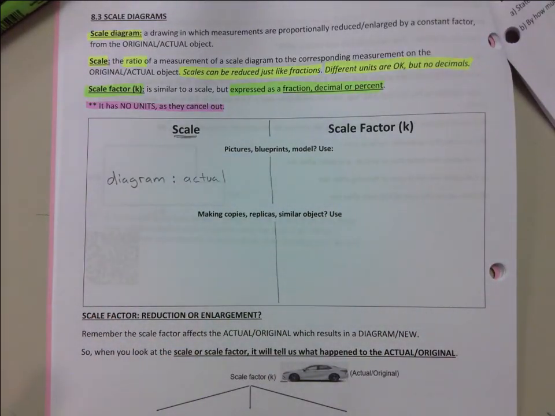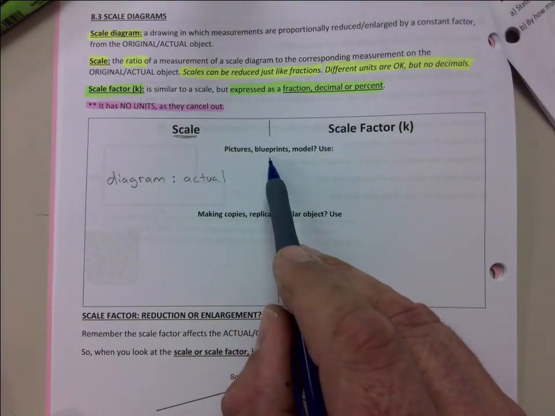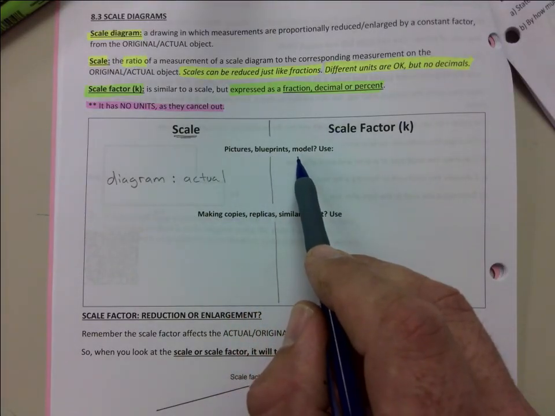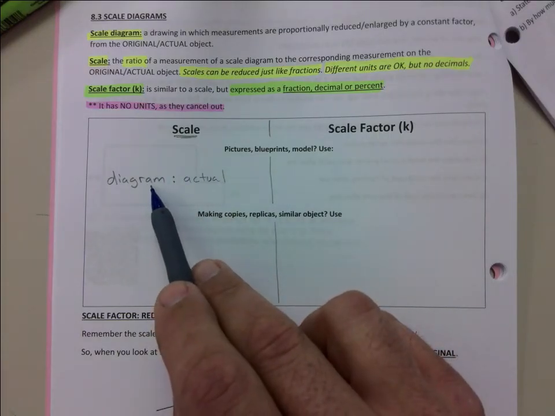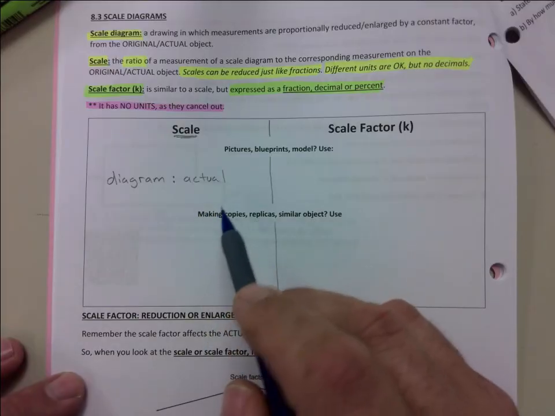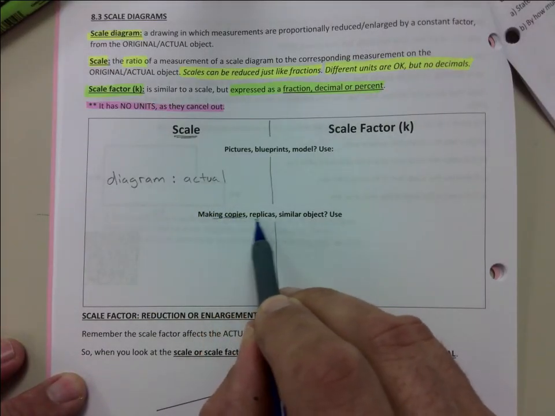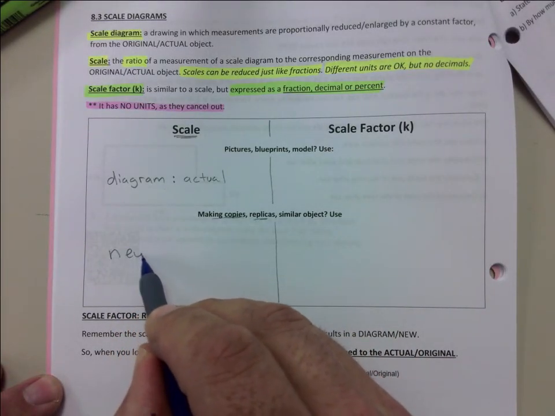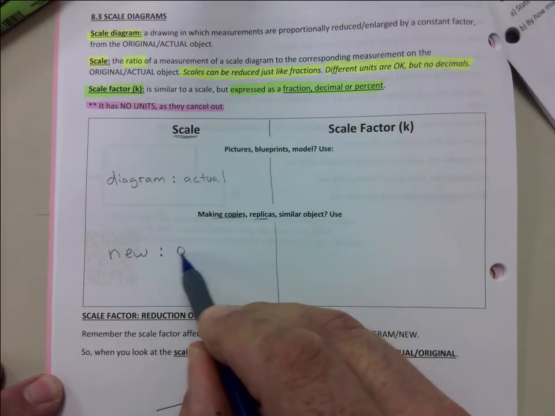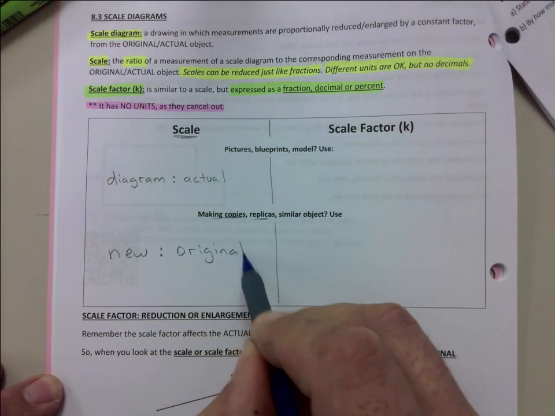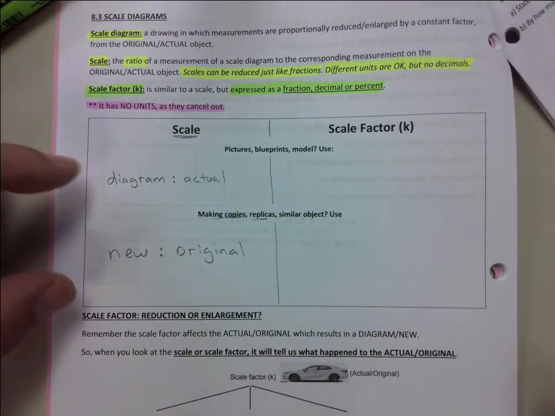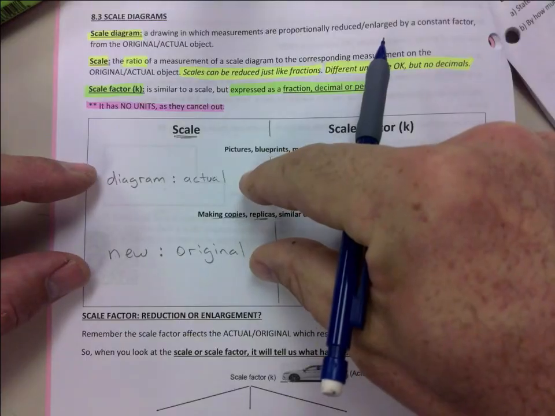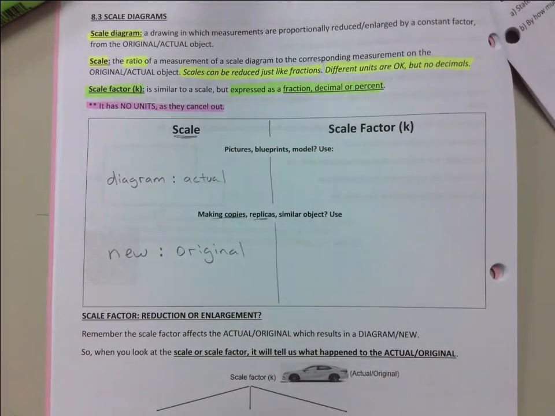But when we're talking pictures, blueprints, models, anything like that, I like to use the words diagram and actual, okay? If we're making copies, replicas, or making something similar, I like to use the words new and original. Okay? So we're basically doing the same thing, we're just using different terminology.